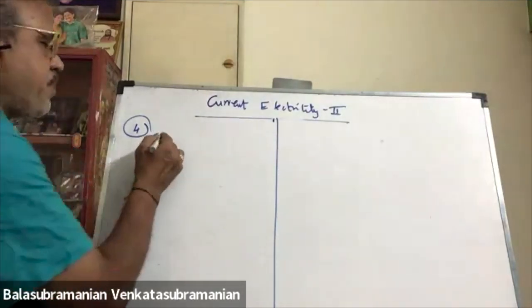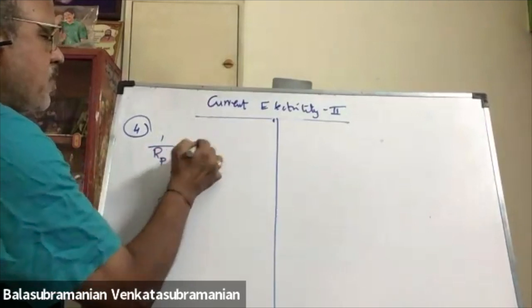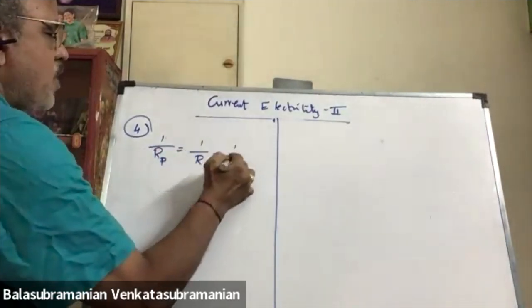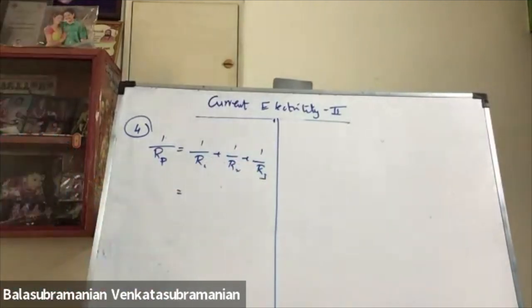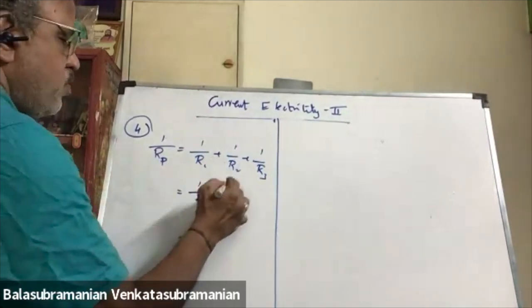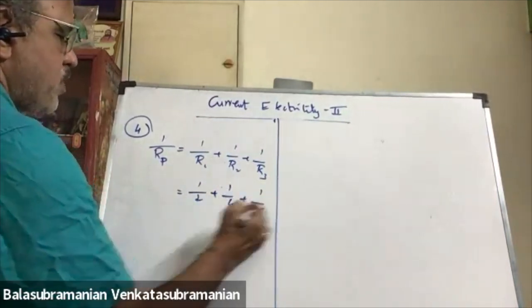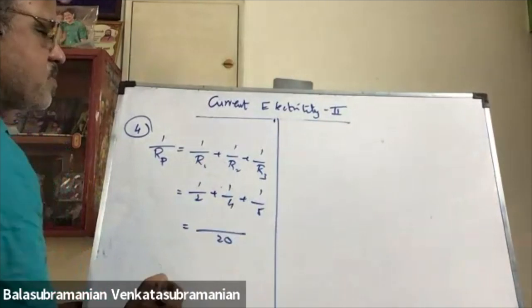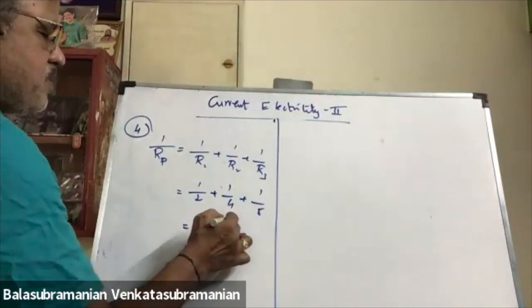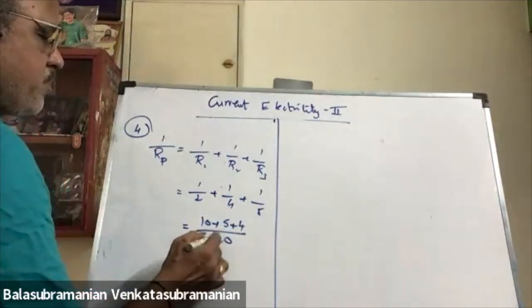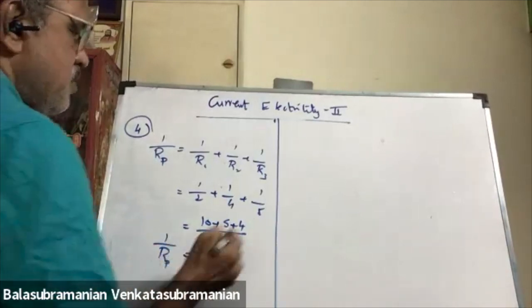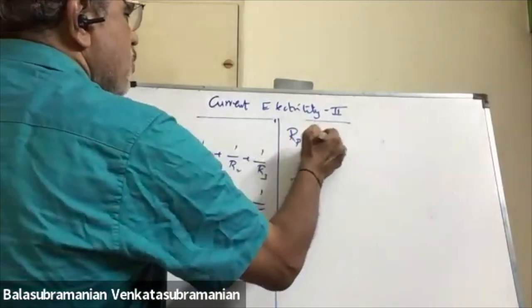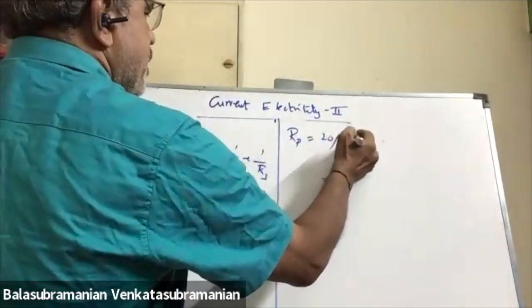So 1 by Rp is equal to 1 by R1 plus 1 by R2 plus 1 by R3. Values 2, 4 and 5: 1 by 2 plus 1 by 4 plus 1 by 5. 20 is the LCM: 10 plus 5 plus 4, 19 by 20. So Rp is equal to 20 by 19 ohms.